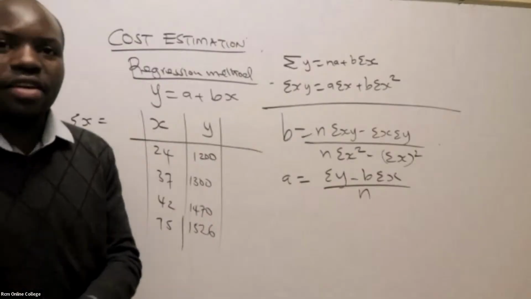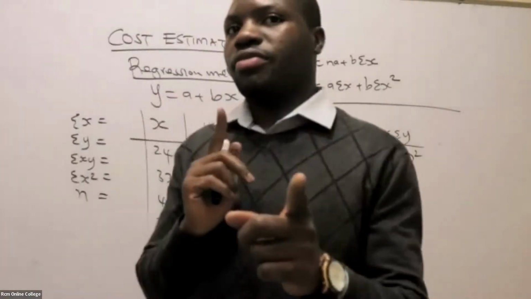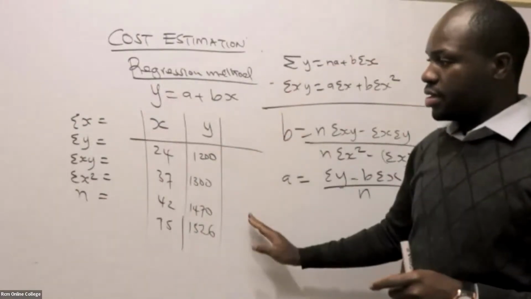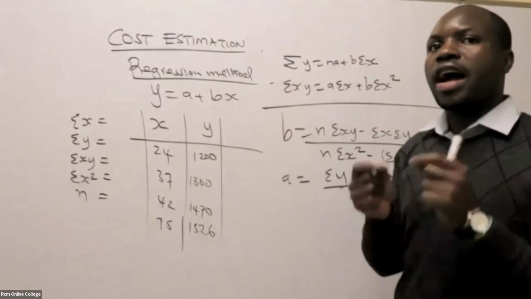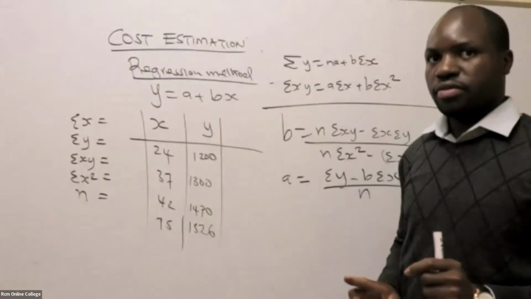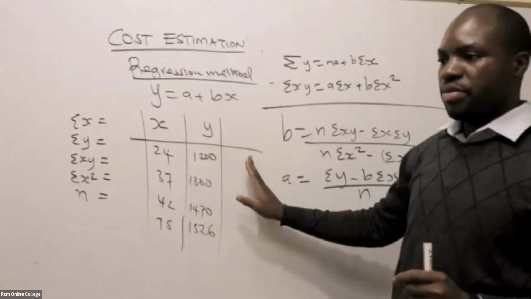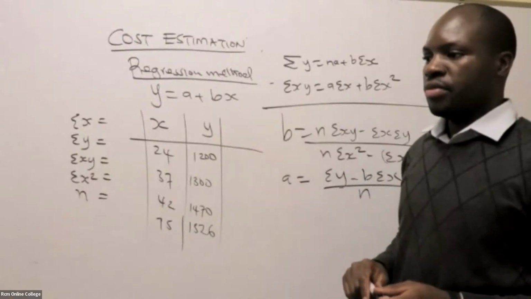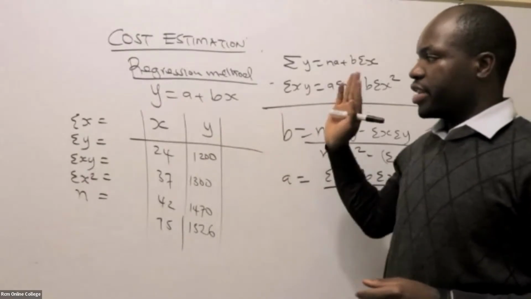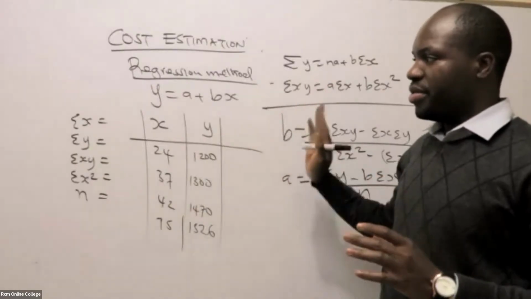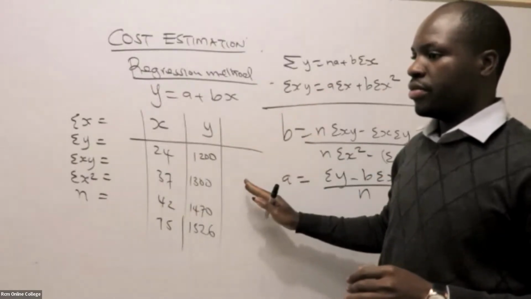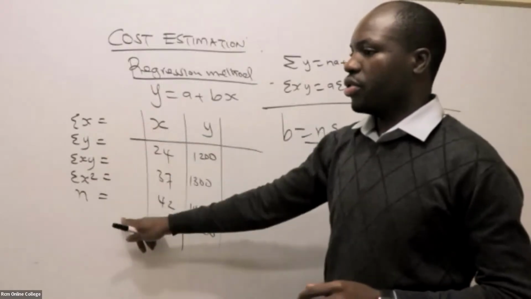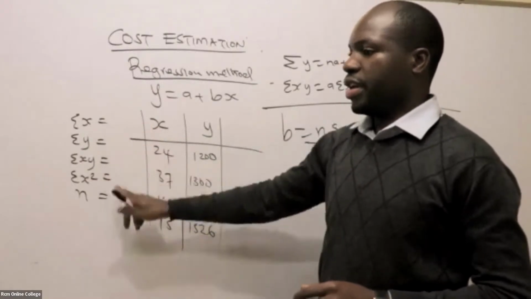When you now get to advanced management accounting, you'll be given a question of this kind, or you are given a computer output to be able to solve the same thing. In this case, if you use a calculator, what you will be getting from the calculator are these figures.